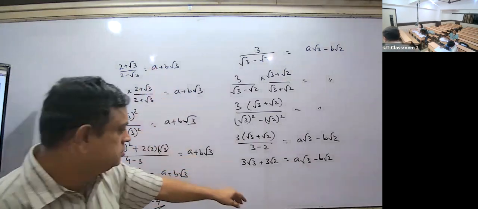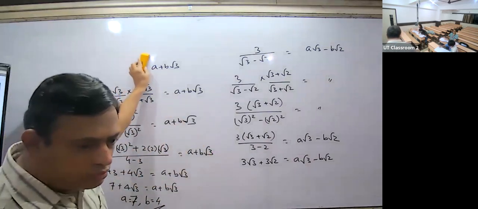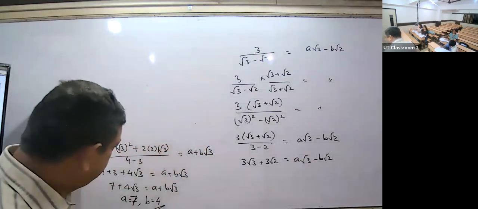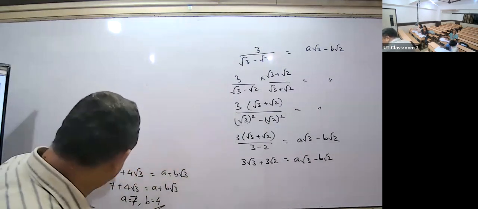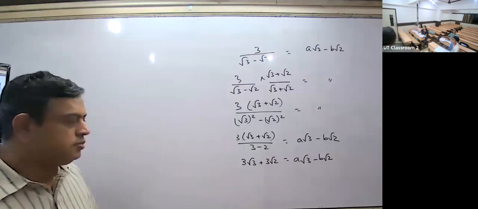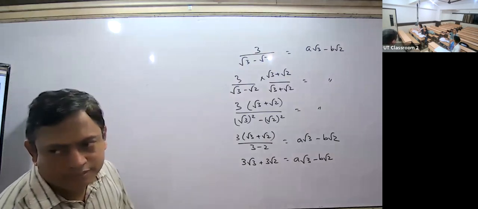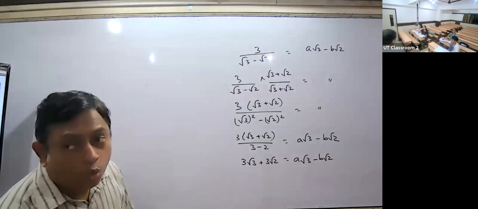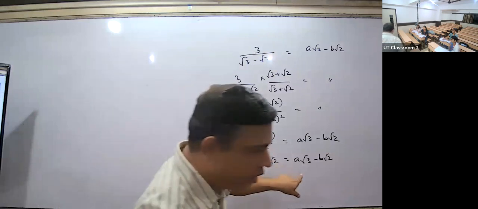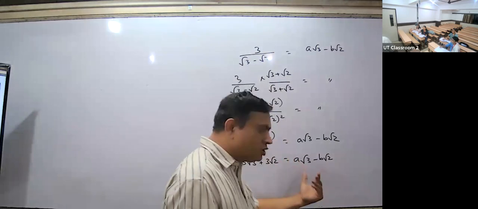All of you done now? Now check what is the value of A, what is the value of B. 3 is the value of A and 3 is the value of minus B, so this sign is different.